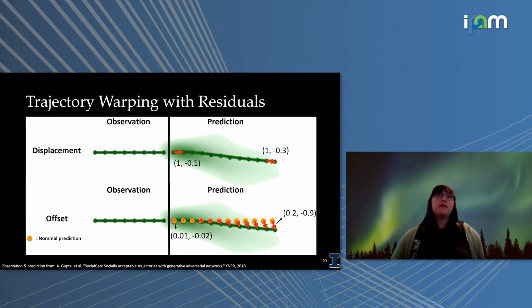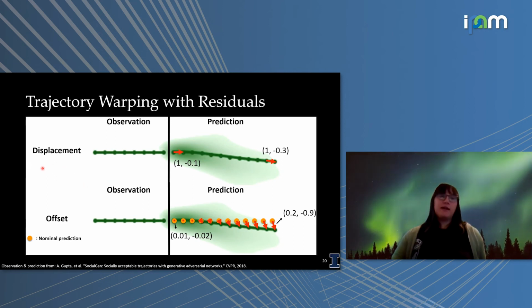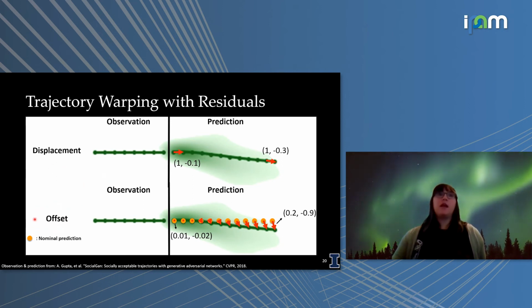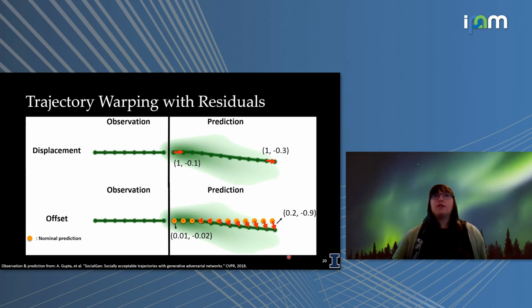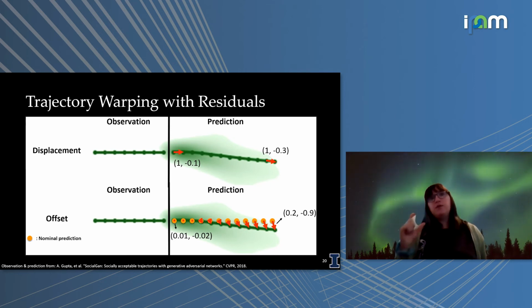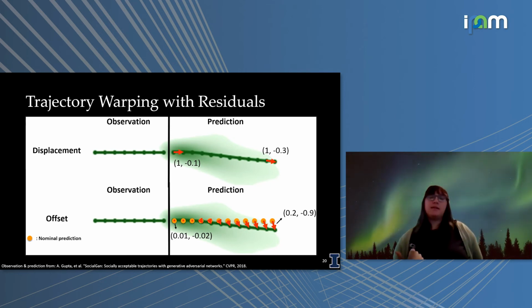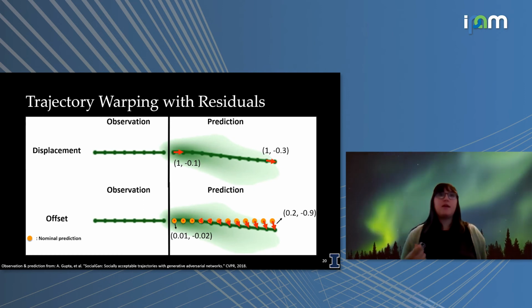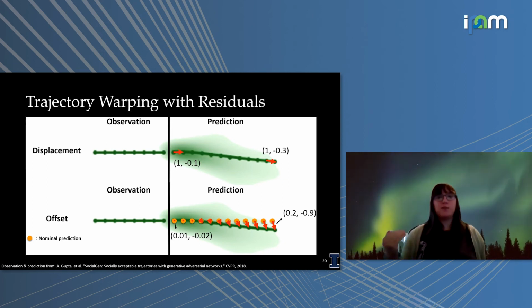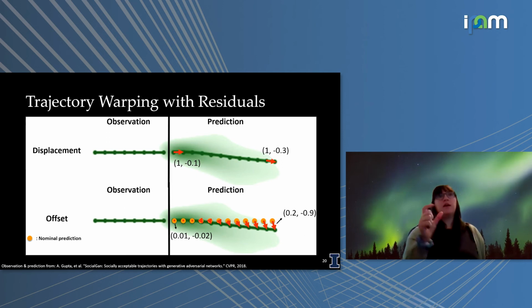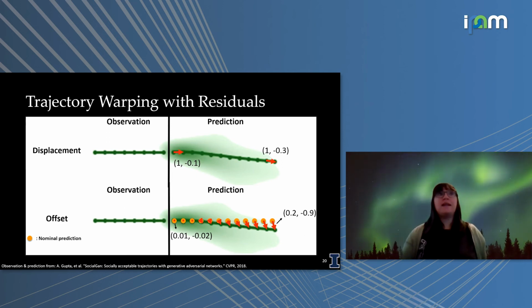So again, what we propose is instead of learning the displacement as is common, we're going to learn an offset. We're going to feed in this nominal prediction as well, and we want to learn how this is going to be warped to the actual behavior that's observed. There are a few things that are very nice about this. First, this is fairly reminiscent of a traditional physics-based approach where we have our model and then we have some additive noise.